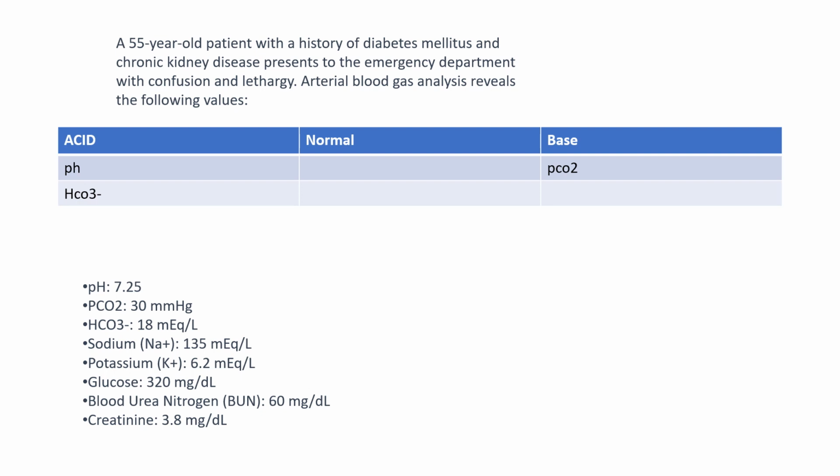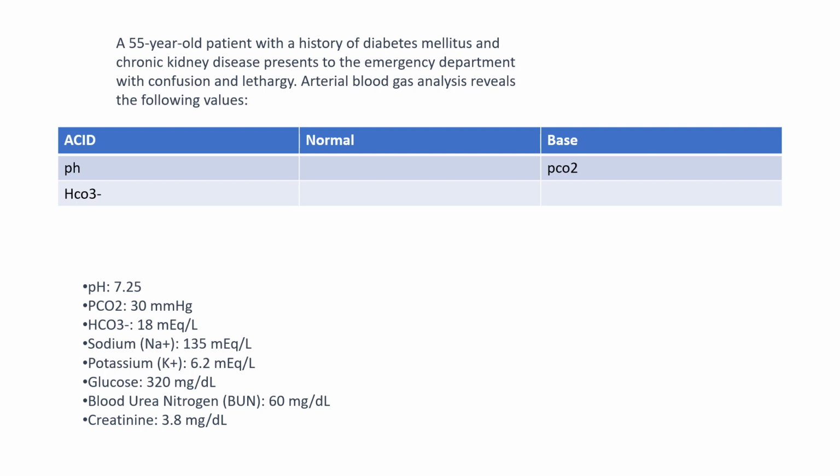Now, the PCO2 level is less than 35. 35 to 45 is normal. When the PCO2 decreases below 35, we call it alkalosis, so this favors the base. So in this example we have metabolic acidosis with partial compensation.